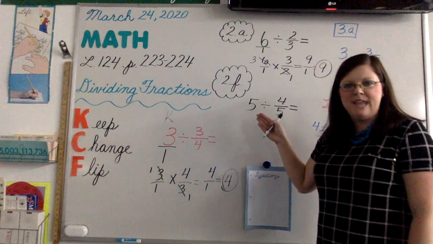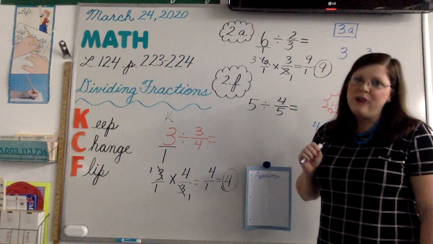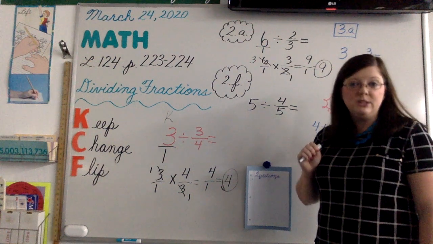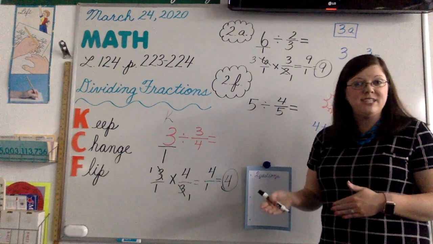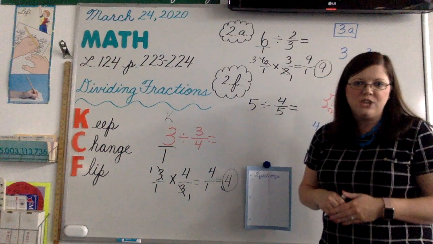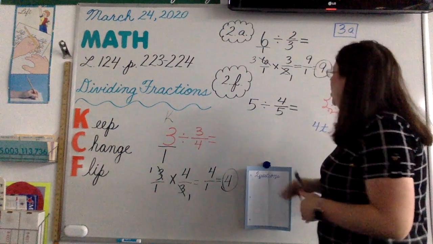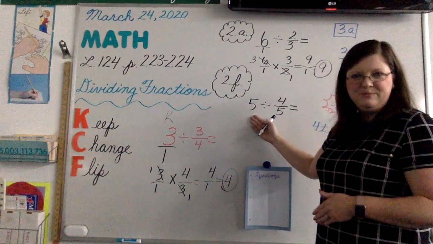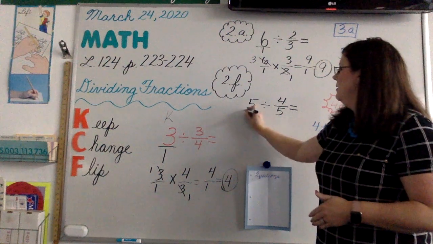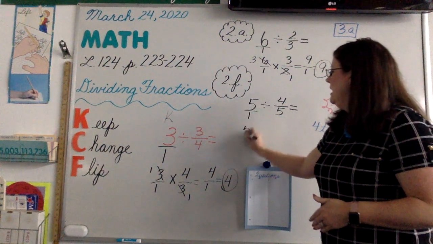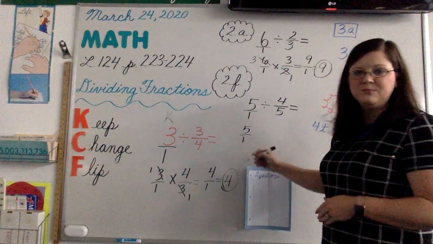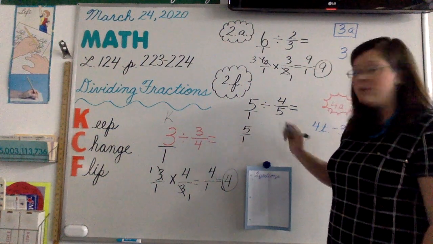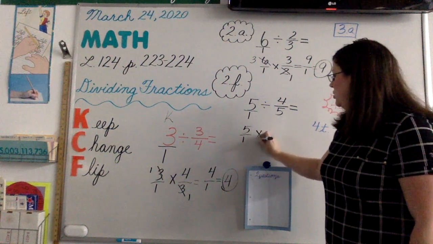I am going to skip down to section 2, letter F, because this problem is a little different than the ones that we've done so far today and the ones that we've done yesterday. Let's look at this closely. We can only divide a fraction by a fraction. We don't have one, so we make one. Keep 5/1. Change our sign from division to multiplication.